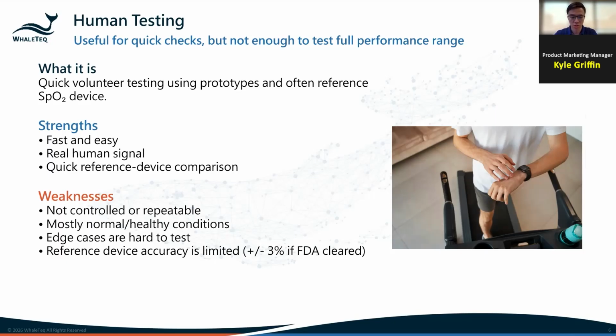It's mostly normal or healthy people that you're testing on, unless your colleagues are all very sick. That makes edge cases hard to test repeatedly. And even if you use an FDA 510(k) cleared reference device, the accuracy is still limited because the FDA allows for plus or minus 3% accuracy.